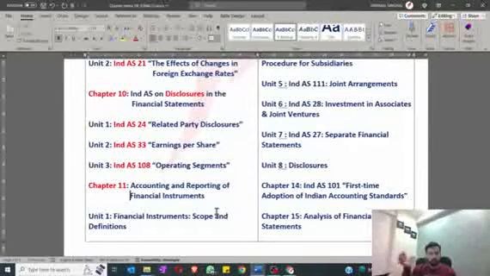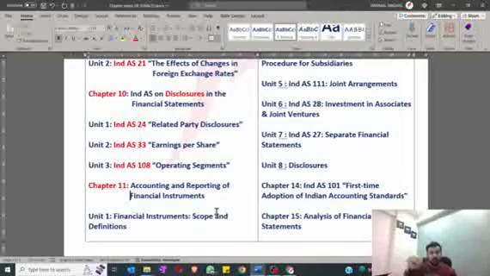From when the Indian government has decided to converge with the international financial reporting standards, with the standards which are being followed in rest of the world, this topic of accounting and reporting of financial instruments is the soul of the entire change which has occurred since we have changed ourselves from the older accounting standard based reporting to the newer Ind-AS, Indian accounting standard based reporting.